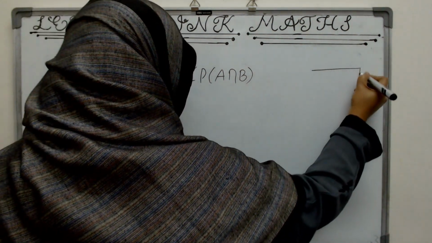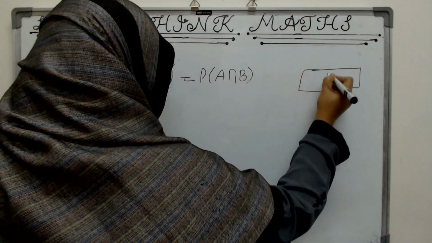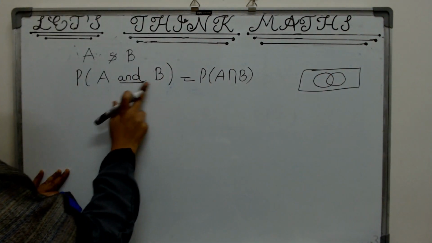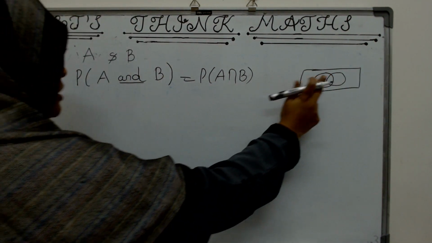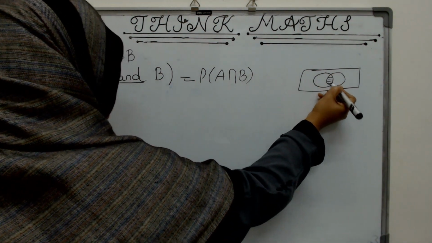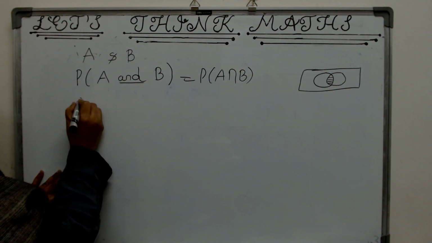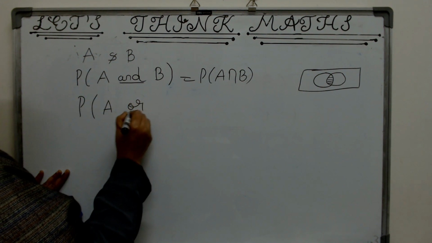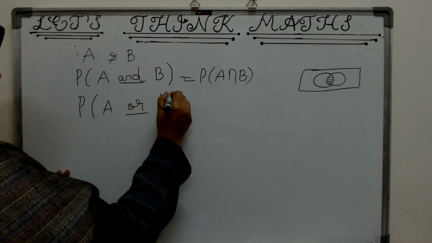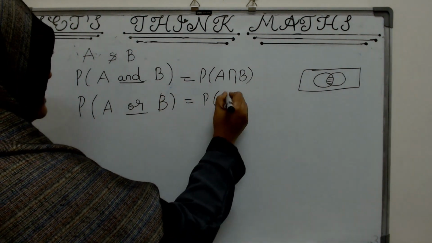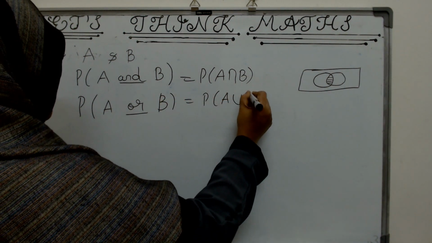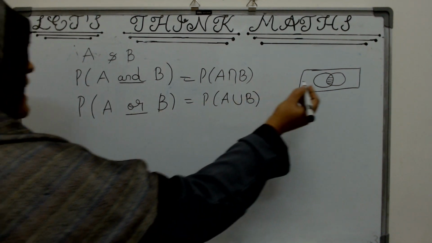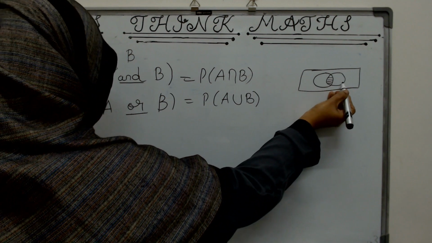If you draw the Venn diagram, you will see that the elements which belong to both A and B are the ones which lie in the intersection of A and B. When I say the probability of A or B happening, then it means the probability of A union B. Why is that? When we say A or B, it can lie anywhere in A union B.